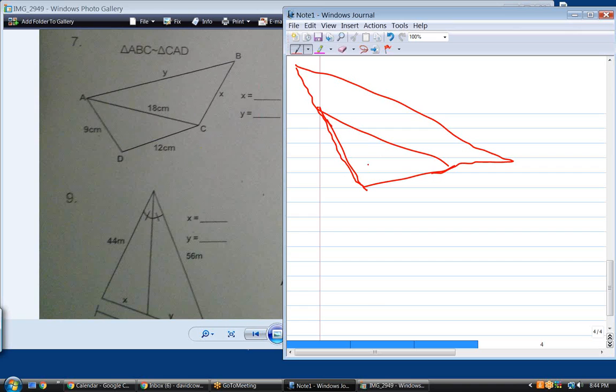So you see what I'm doing here? The small one is 9, 12, 18. And the only thing I know about the big one is this side right here is 18 after I move it. So the ratio is 18 to 9.